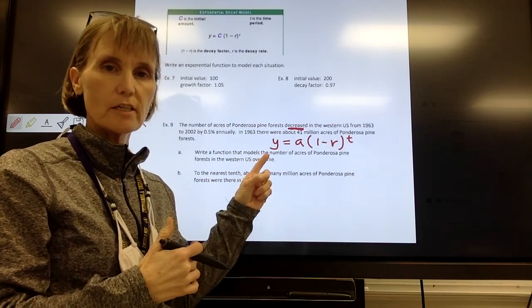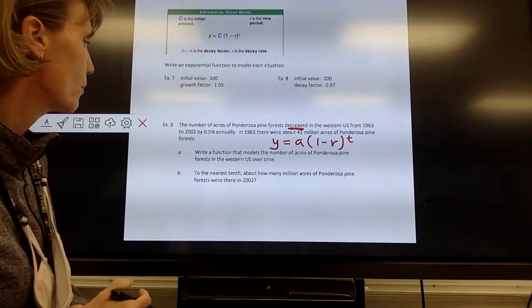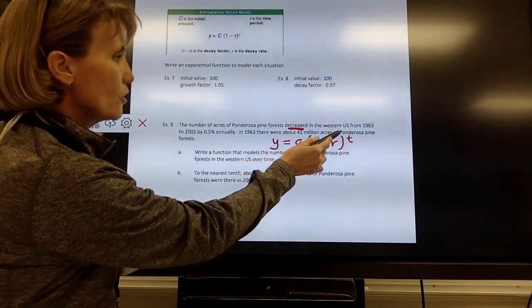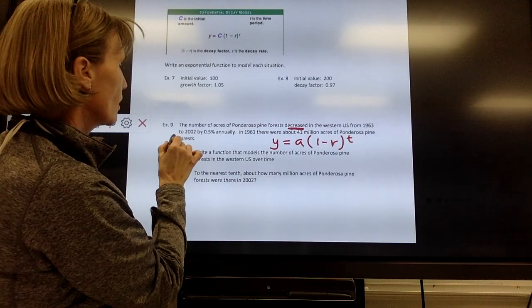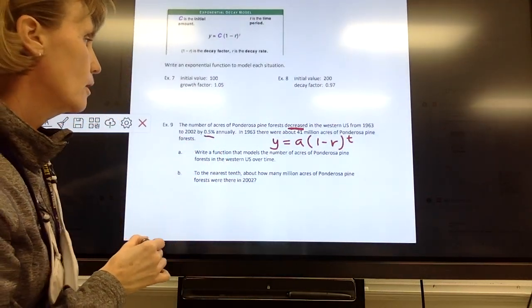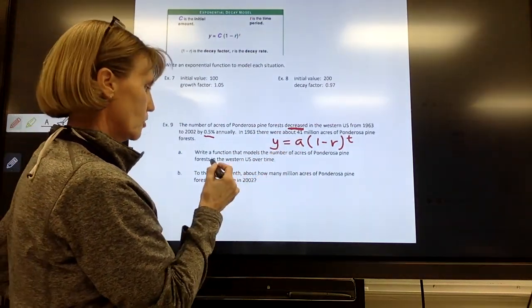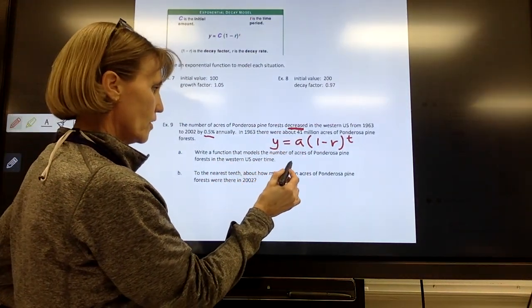If it's decreasing or depreciating, you use the decay formula. So it decreased from 1963 to 2002 by 0.5% annually. In 1963, there were about 41 million acres. So it says write a function that models the number of acres.